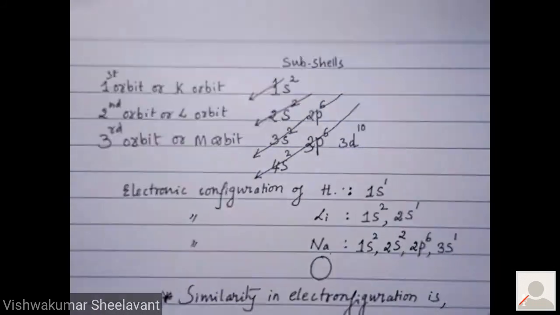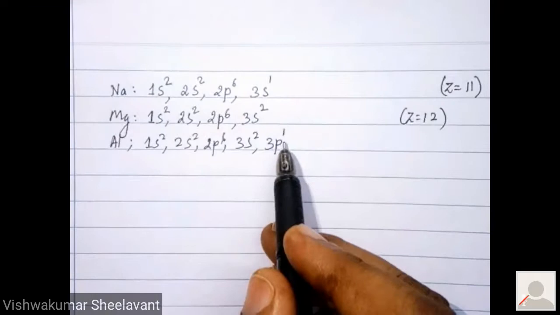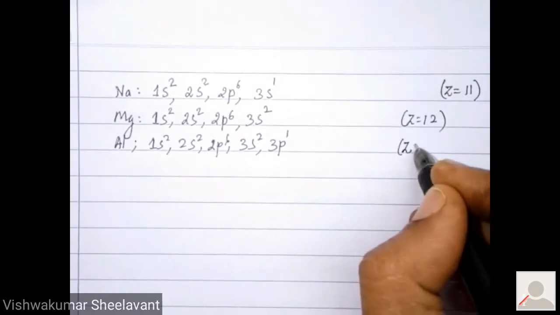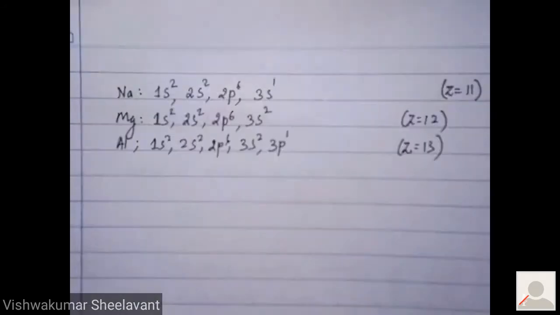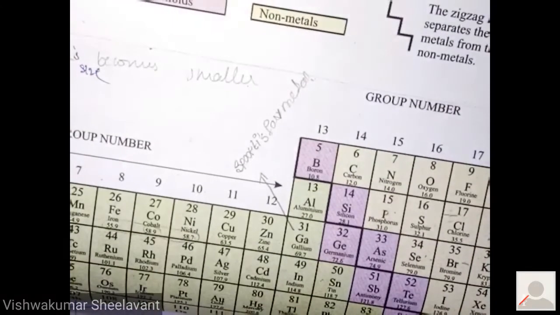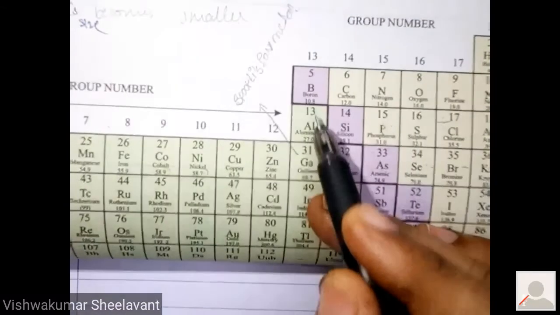That is what we have done here. 3p1. What is the atomic number of aluminum? 13. If you have any doubt, you can refer to the periodic table. Aluminum 13.